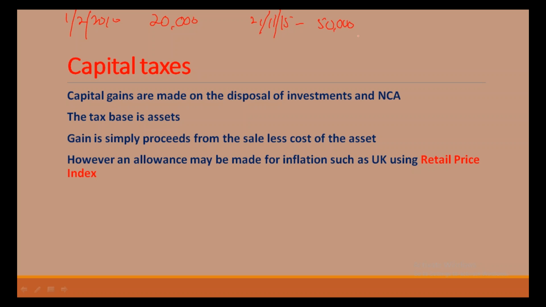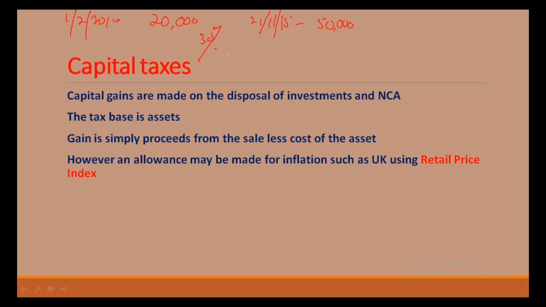In 2010 they bought it for 20 and they sold it for 50,000. And they say the indexation allowance during this period is 30%. And the capital gains are taxed in this country at the rate of 30% also. So sometimes these are the things that can mislead when they give the indexation allowance also 30, capital gains tax also 30%. You might get confused, but don't worry.